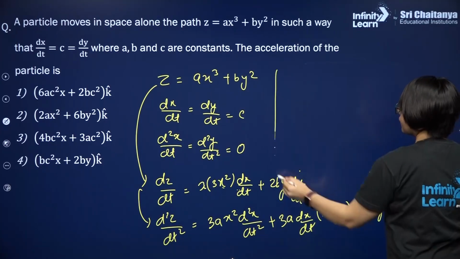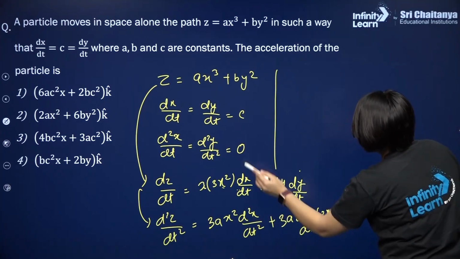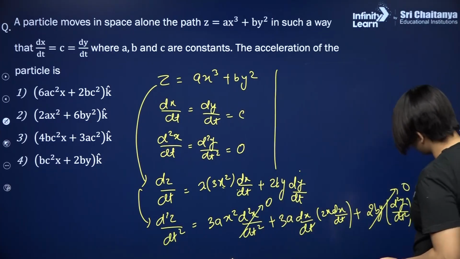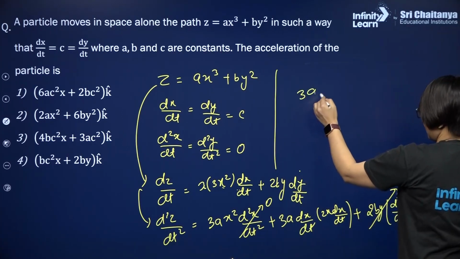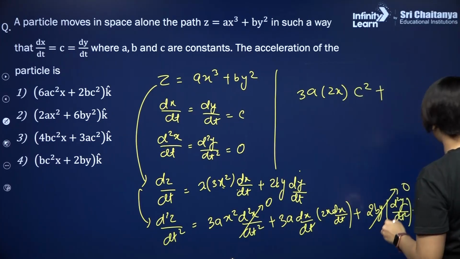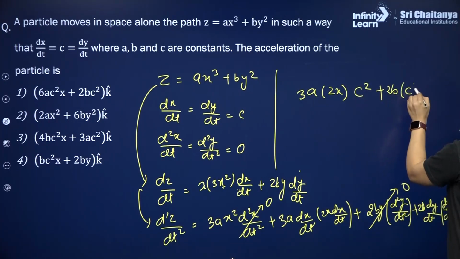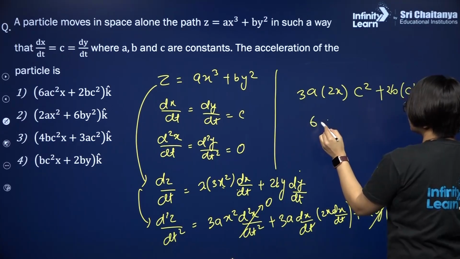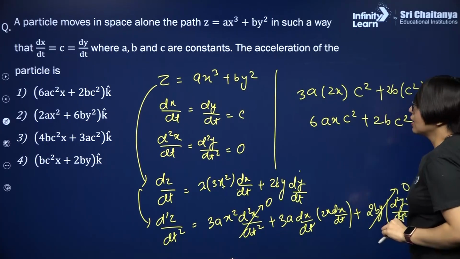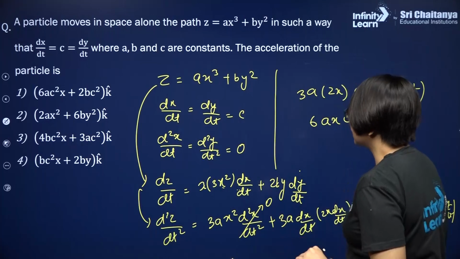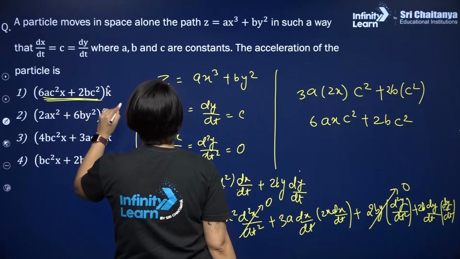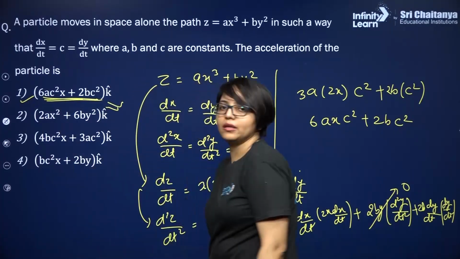So, this term is 0 because d2x upon dt square is 0. This term is 0 because d2y upon dt square is 0. So, we have 3a into 2x dx upon dt whole square, that is c square, plus 2b into dy by dt whole square, that is c square. So, this is 6ax into c square plus 2b into c square, and this is the acceleration along z axis over here. So, it will be 6a c square x plus 2b c square k cap, which is option 1.